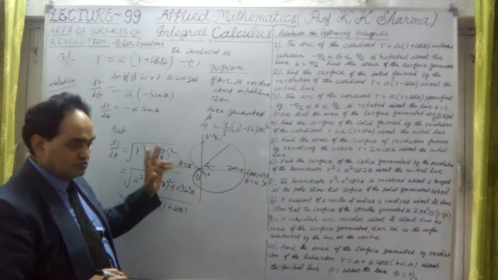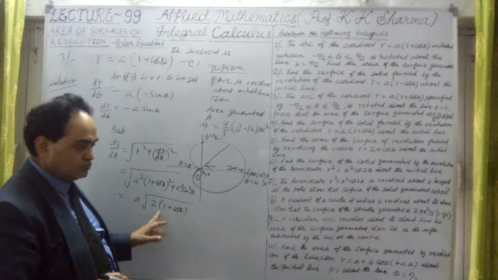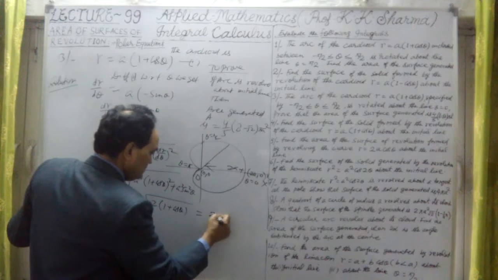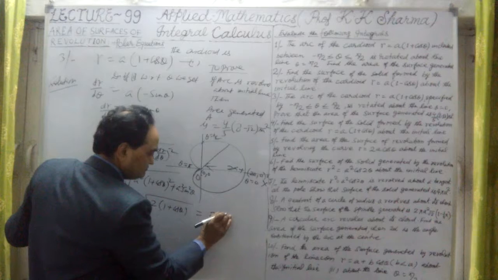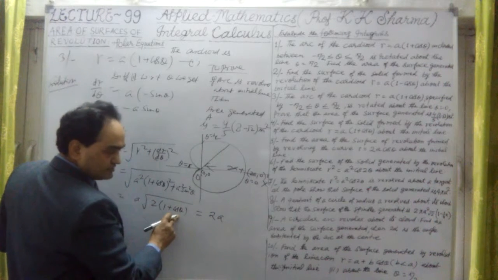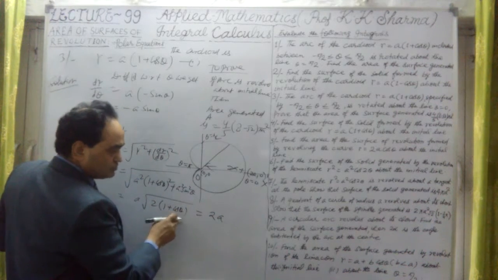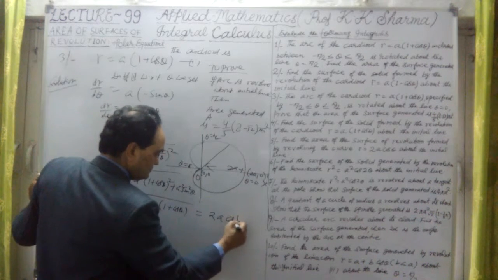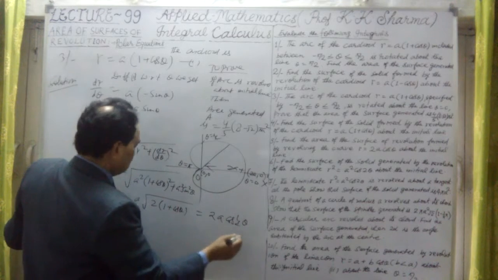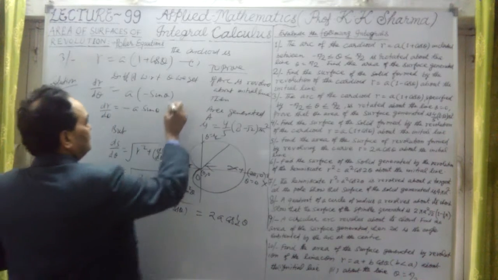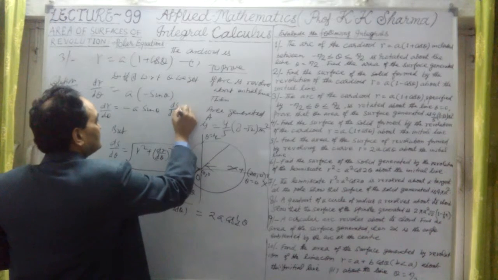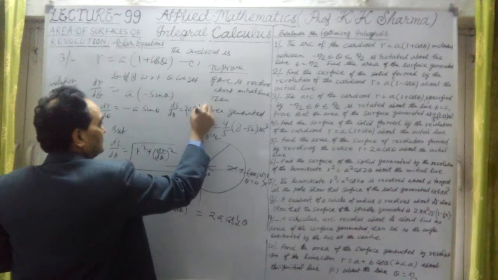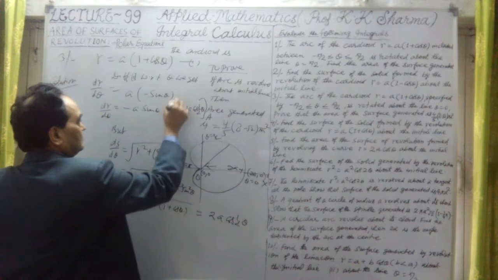Cos square theta plus sin square theta is 1, so 1 plus 1 is 2, and 2 plus 2 cos theta it will be. 2 we have taken common, so this is 2a into 1 plus cos theta, but 1 plus cos theta will be 2 cos square theta by 2. 2 into 2 is 4, so 4 can be taken outside. Now this is cos half theta. This we have done in the first question. So ds by d theta is equal to 2a cos half theta. This is the value of ds by d theta.